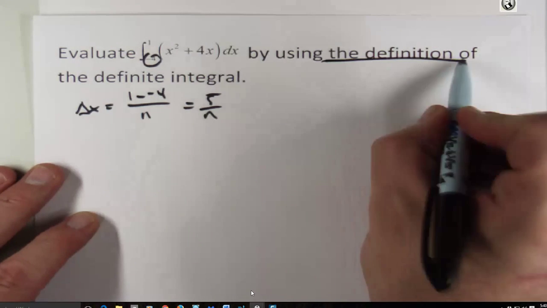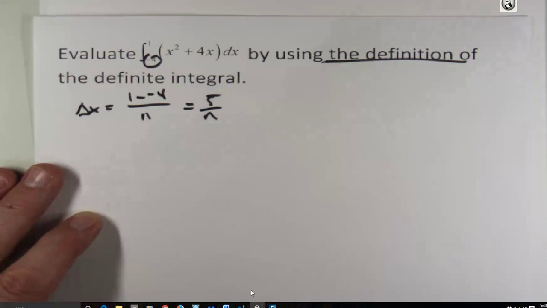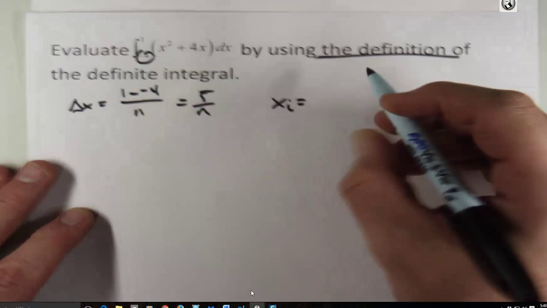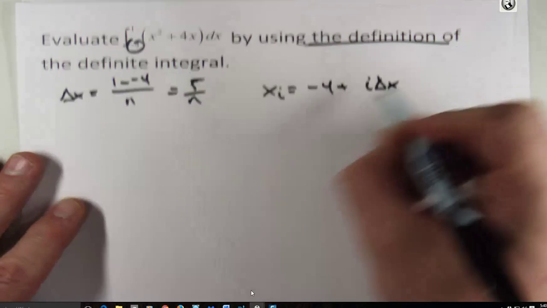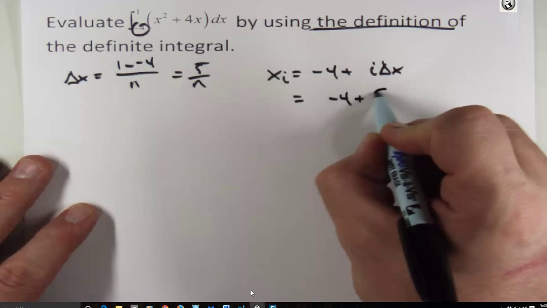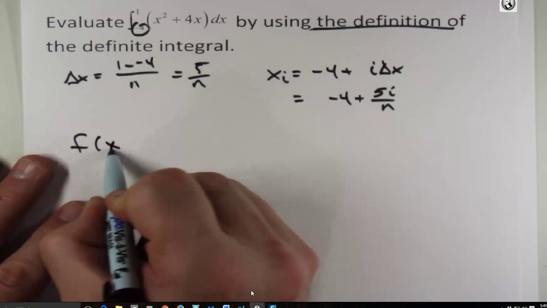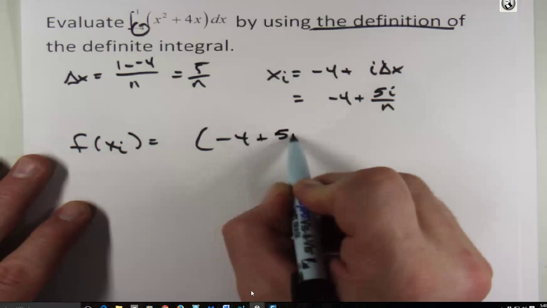It says using the definition. It doesn't tell me which way to use it. So you know what? Let's make the algebra nicer. I'm going to use x sub i. That will be -4 plus i widths. That will be -4 plus 5i over n.